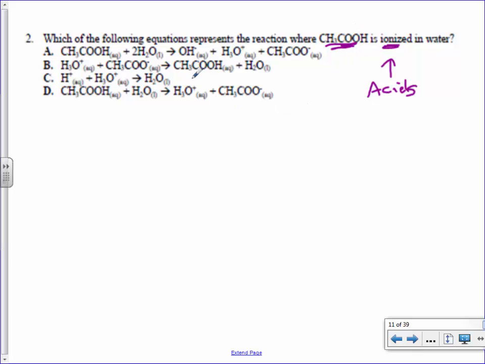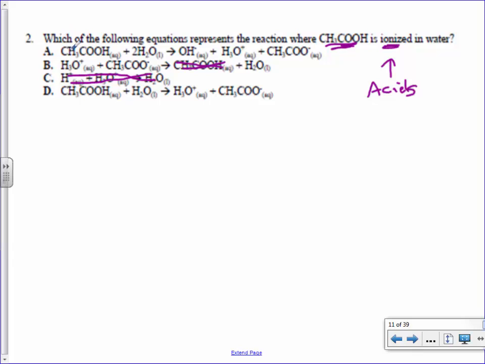As I look through, in this one right here, the acid is written as a product. So hopefully you're able to narrow that down and say, that doesn't make sense. We should be starting with the acid and breaking it up. So that one's out. And even C right here doesn't involve that acid, so C is kind of nonsensical as well. Does that logic make sense so far?